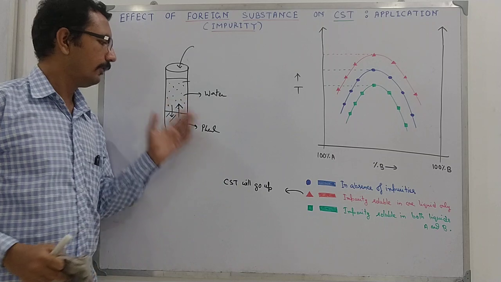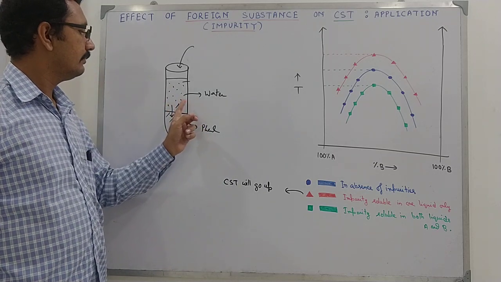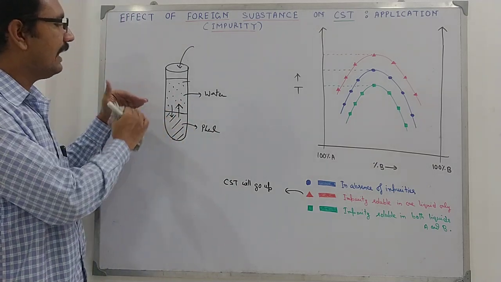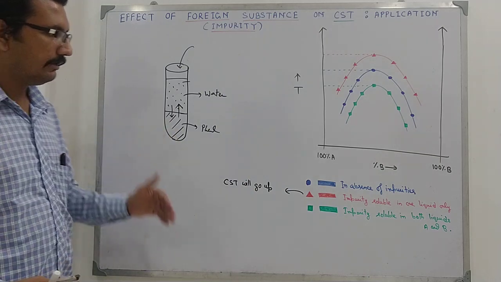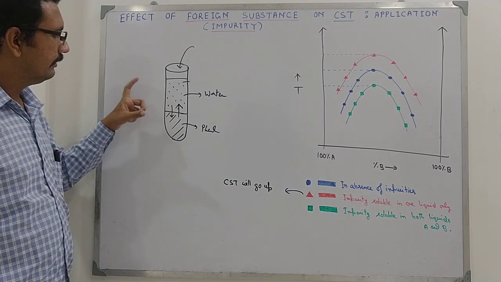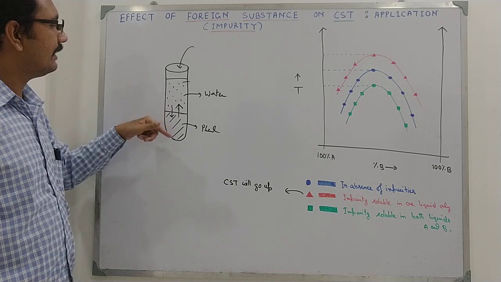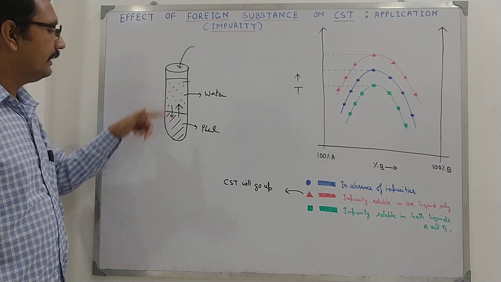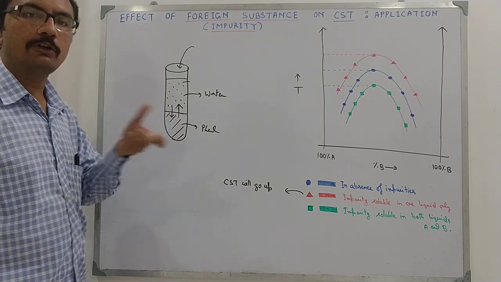And since it is soluble, it is being surrounded by the respective solvents. So it will act as a cementing force between the two different layers and will increase the mutual solubility. So if an impurity is soluble in both liquids, through its to and fro movement between the two different layers it will allow the solvent molecules to go along with it, and it will act as the cementing force and increase the mutual solubility.